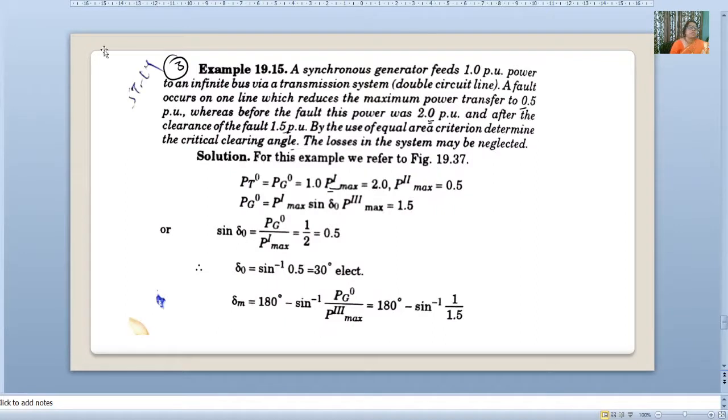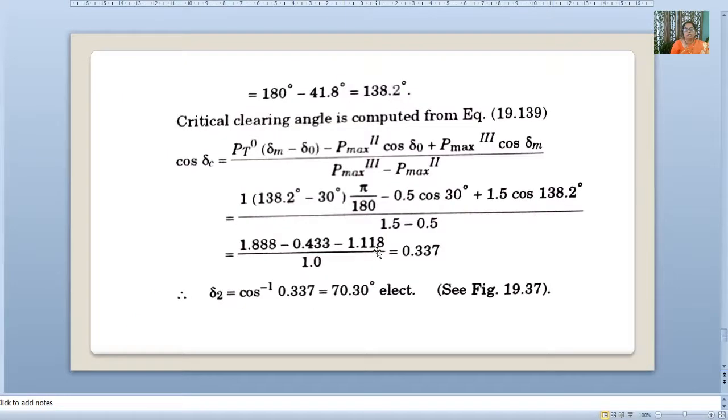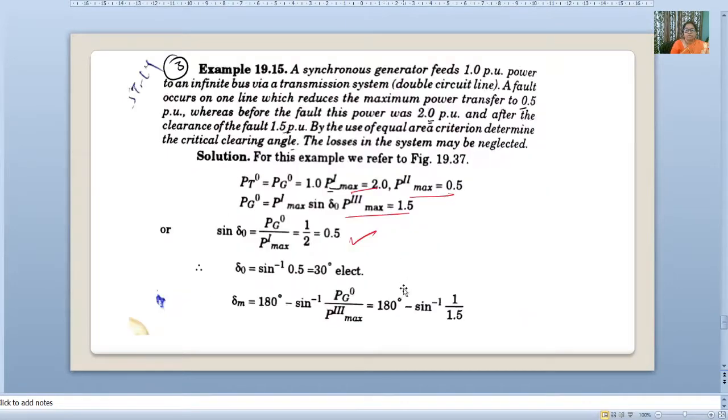Now the third example. In this third example, again it is a repetition of the earlier one. PM is given, P max 3, P max 2, P max 1 are given. We'll find del 0, then del max. We'll find del max from pi minus del 1.